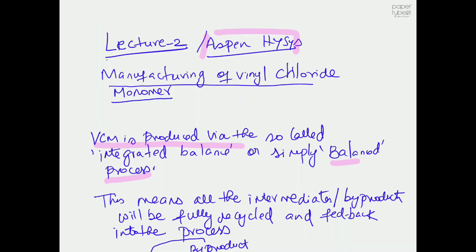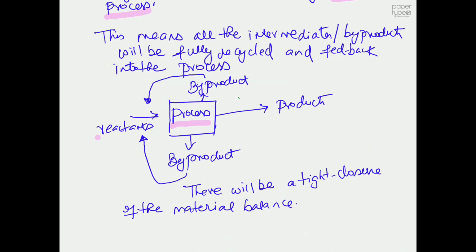Whenever I say integrated balance or simply a balanced process, what it means is, I show some small picture here. You have some process, some reactants flow inside, some products come out, and we also produce some byproducts. So instead of taking the byproducts out, this byproduct will be fed back into the process.